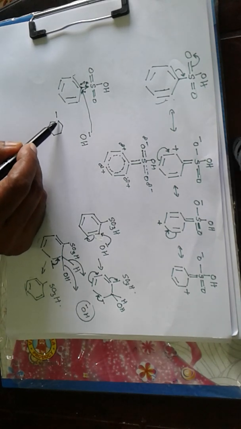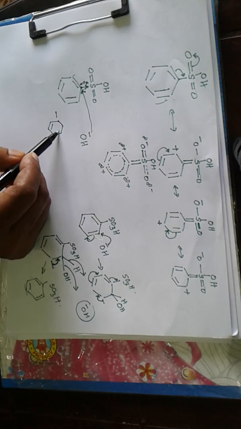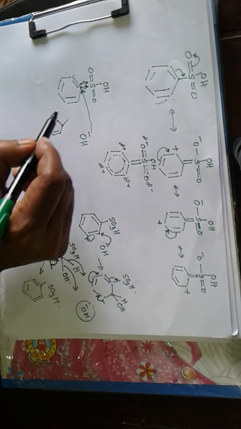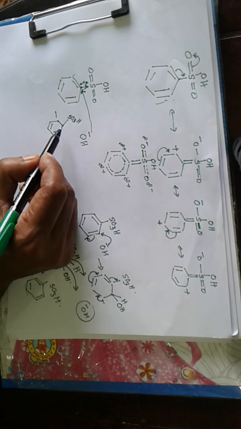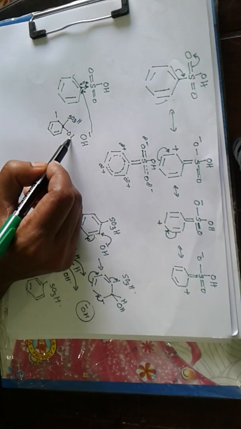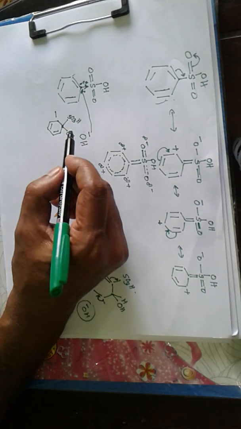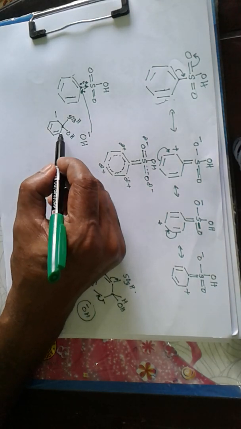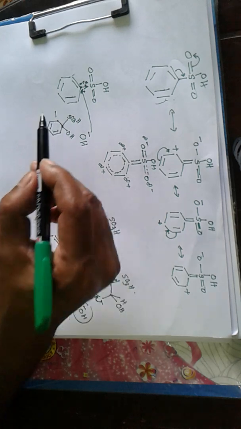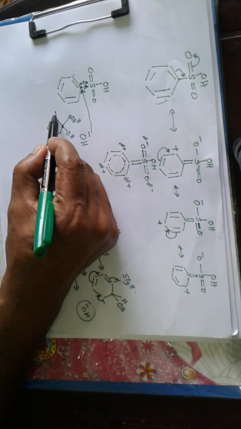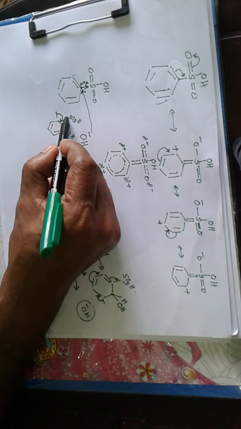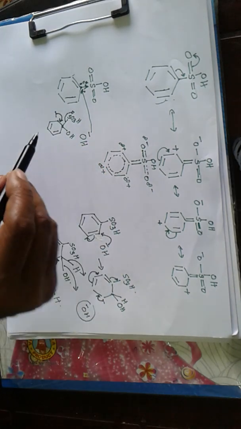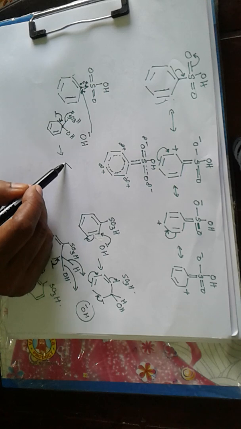Negative charge here, bonds here, and SO3H and OH here. Now here we can say the C-S bond is stronger and the C-OH bond is weaker, and this negative charge becomes a bond pair, and SO3H negative is removed, so we get phenol.